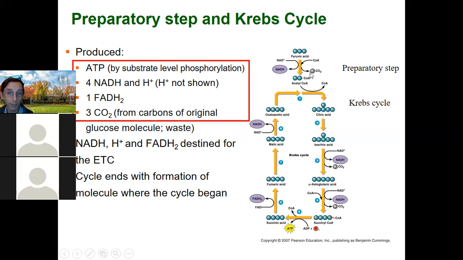One comes off in the preparatory step, one comes off right here, and the other comes off right here. Now remember, glycolysis generates 2 pyruvic acids, so the preparatory step and the Krebs cycle will run twice for each molecule of glucose. Any question about any of that?